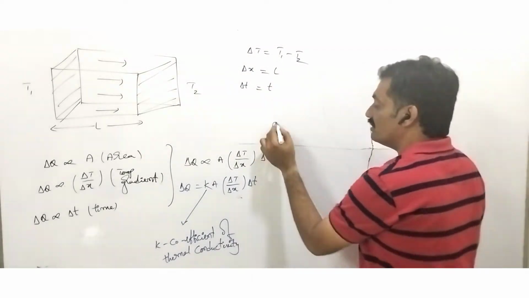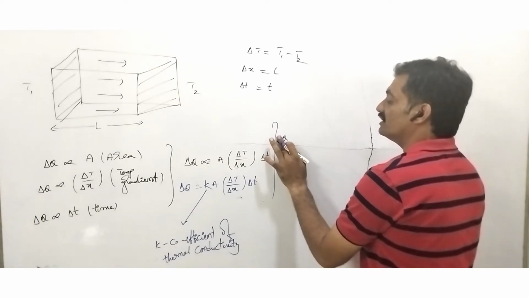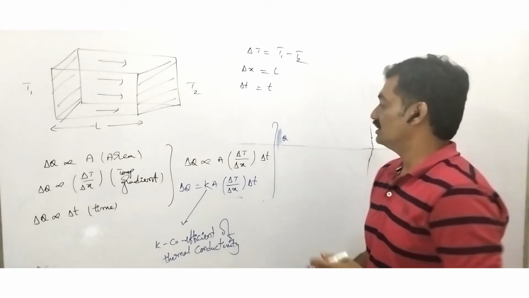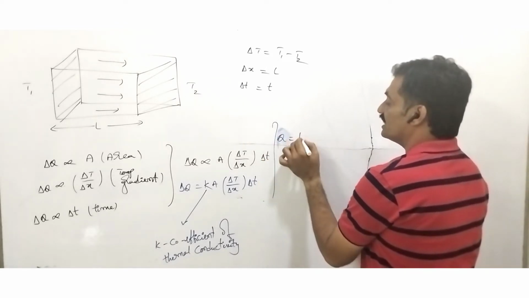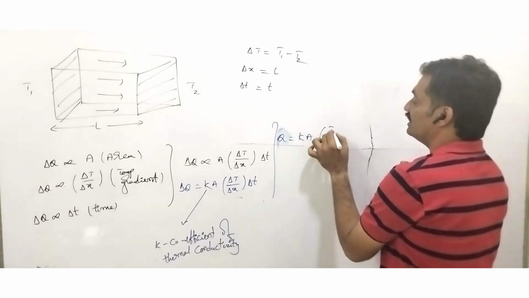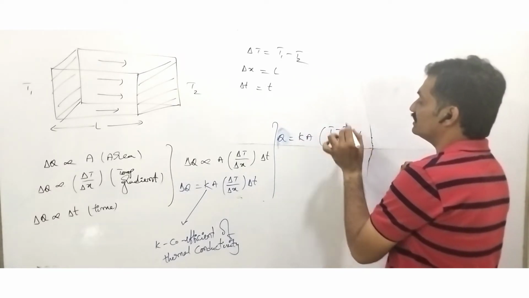So now the common equation can be represented as the flow of heat Q, where Q equals K into A into (T1 minus T2) by L into t.